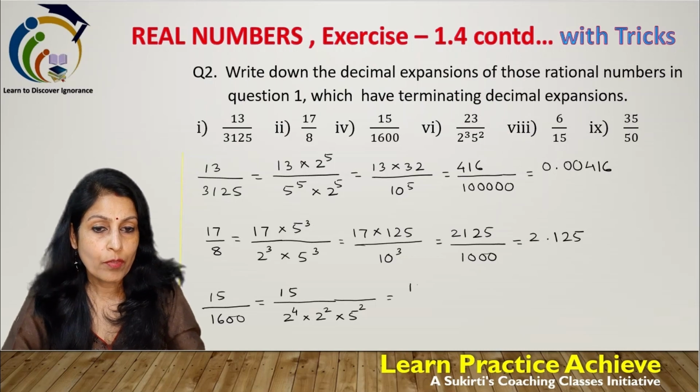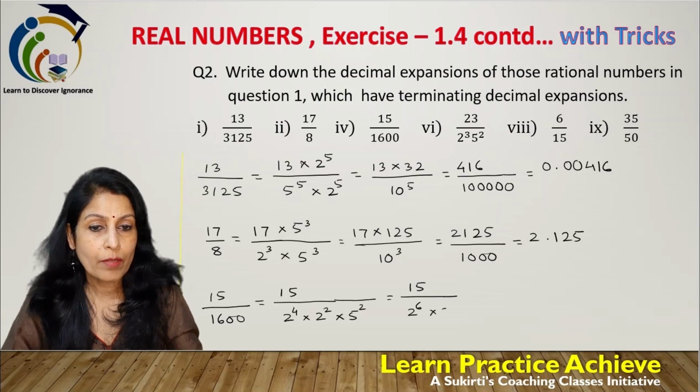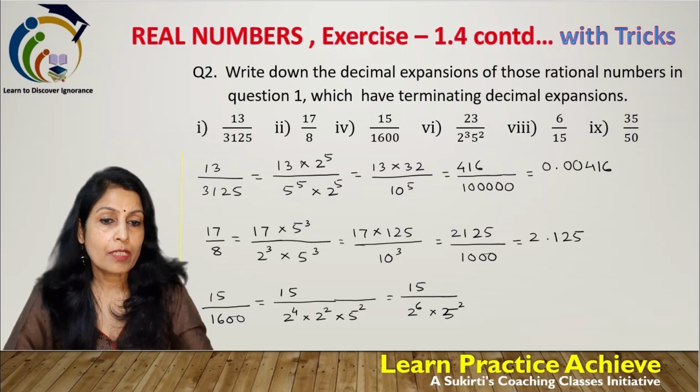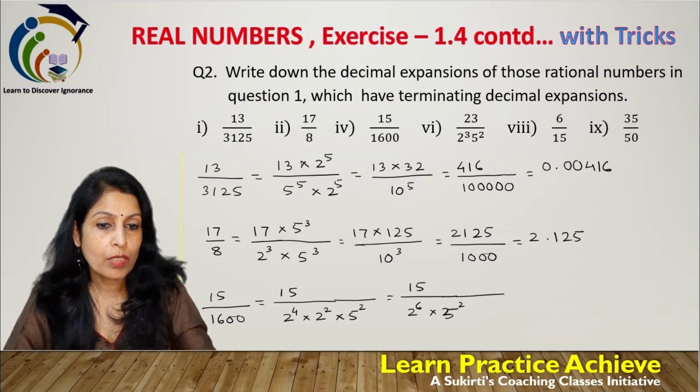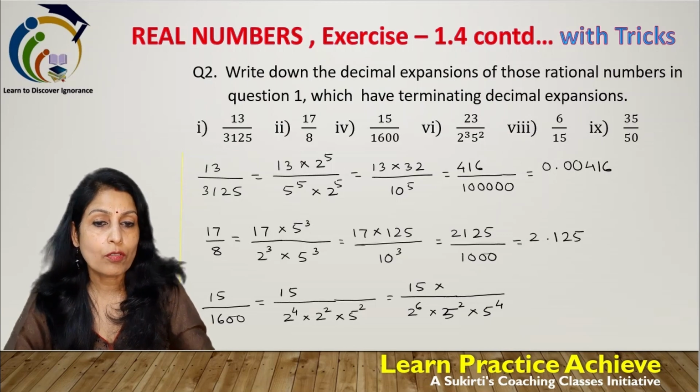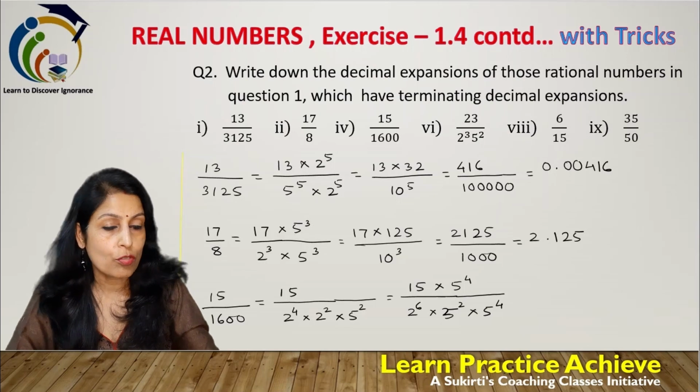Again, if we write this number, 15 upon 2 to the power 6 into 5 to the power 2. Because both the powers are different, we have to make both the powers the same. So to make the power the same, we have to multiply by 5 to the power 4. If you multiply 5 to the power 4 in the denominator, you have to multiply 5 to the power 4 in the numerator also.